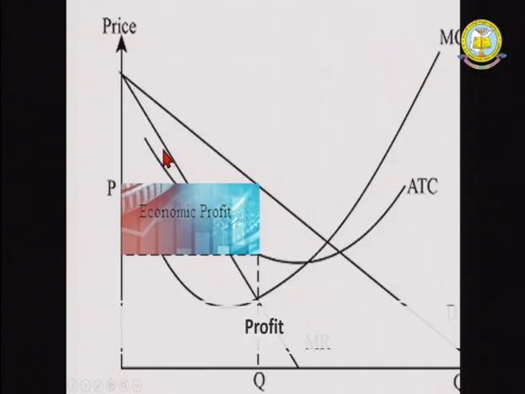Now, look at this, the behavior of the average total cost curve. It comes down for some time and begins to rise from that point. Because of this behavior, the company for some time begins to reap the super profits or the economic profits.